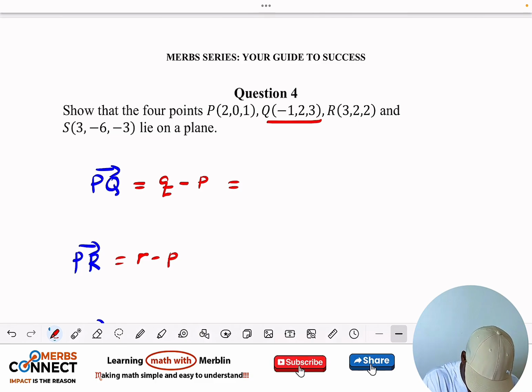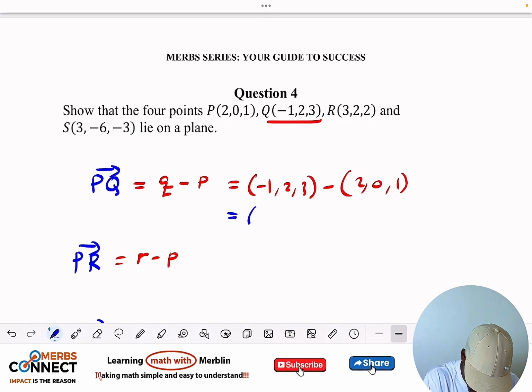So this is minus 1, 2, 3 minus P, which is 2, 0, 1. So minus 1 minus 2 is going to give us minus 3. Then 2 minus 0 is going to give us 2. And then 3 minus 1 is going to give us also 2. So we are done with that one.